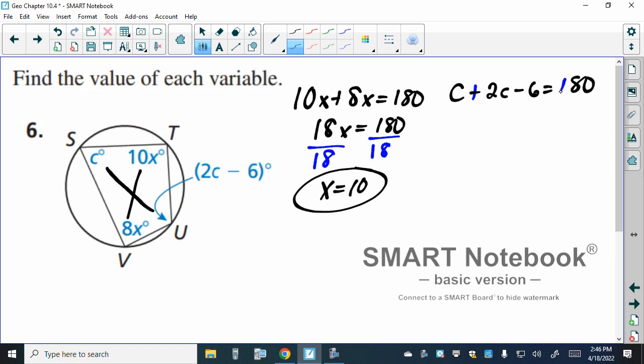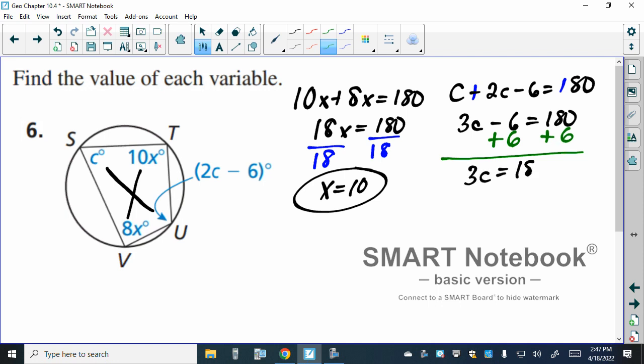You can get 3c minus 6 is equal to 180, and then we would do what? Plus 6 on both sides, and you get 186.